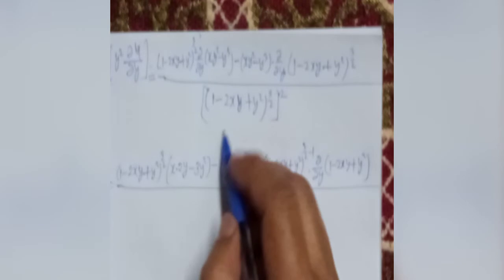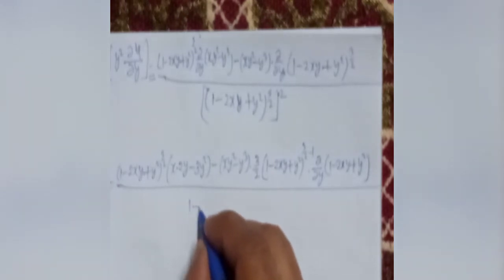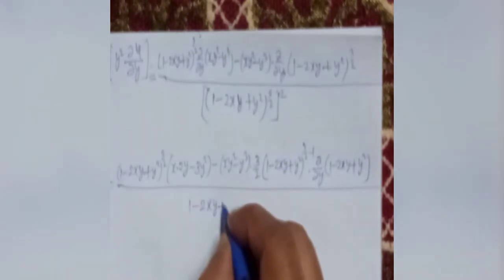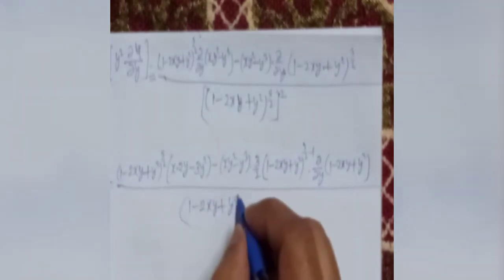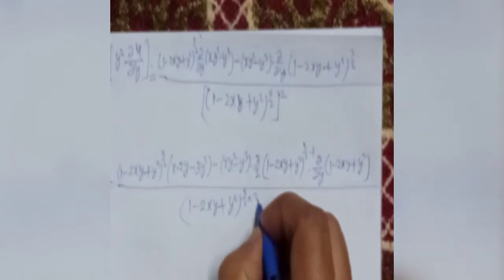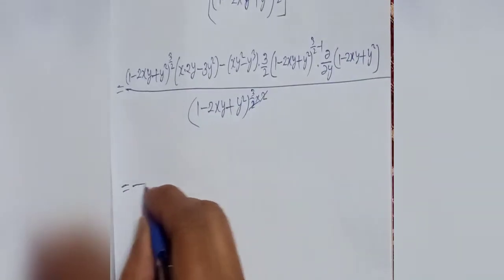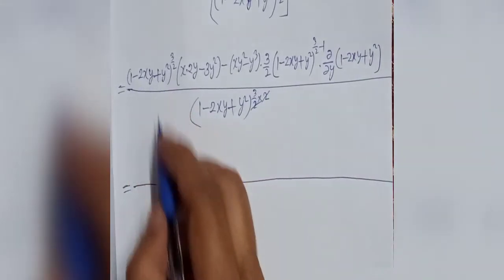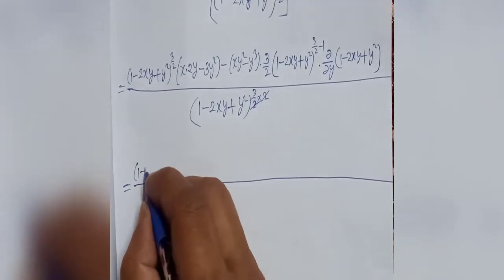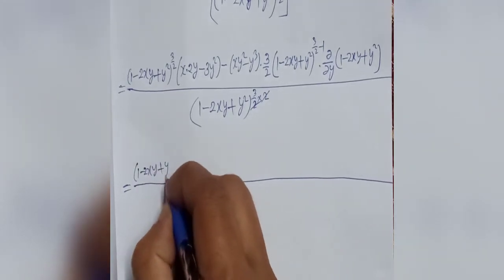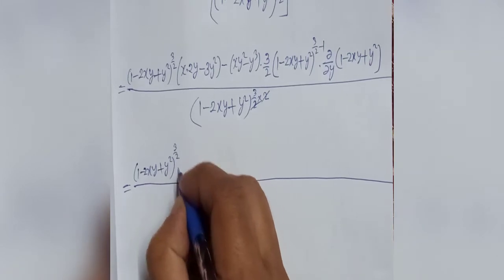On opening this bracket, the power will be multiplied: (1 − 2xy + y²) to the power 3/2 into 2, the 2 by 2 cancels out, and we get (1 − 2xy + y²) to the power 3/2.